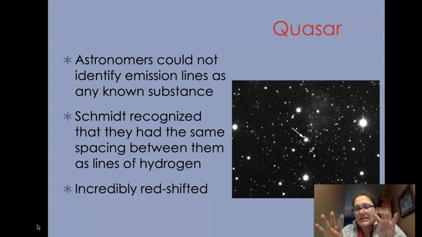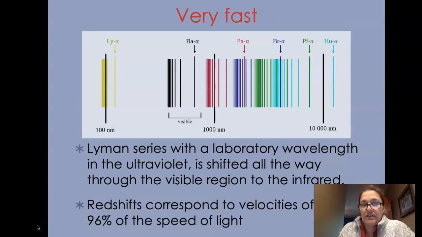Remember, emission lines in the spectrum. Every chemical has its own characteristic set of lines, and so they couldn't figure out, what are these lines? And Schmidt realized that they had the same spacing as the lines for hydrogen, but they were incredibly redshifted.